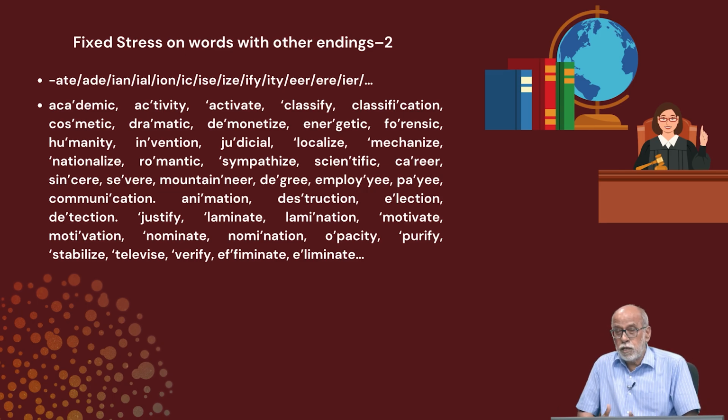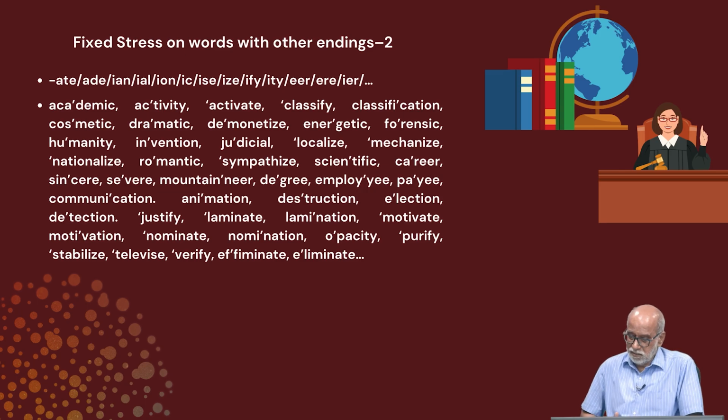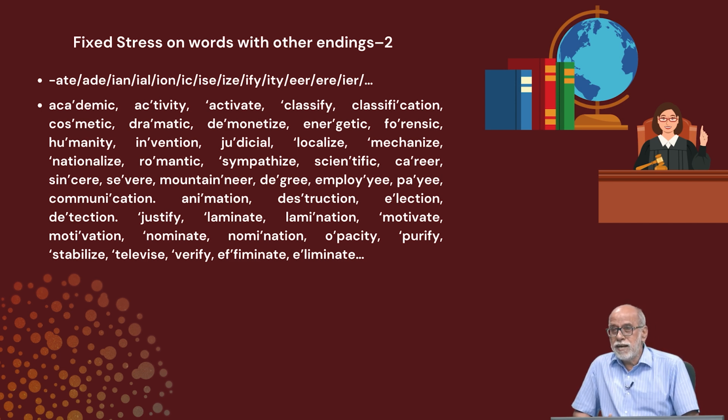Just as there are other words, you can make your own list: sympathetic, synthetic. But there are also some exceptions like turmeric, arsenic, arithmetic, Catholic, politic; there are 4 or 5 words. Otherwise, words ending in IC take main stress immediately before them, so that it is scientific, sympathetic, synthetic, systematic.